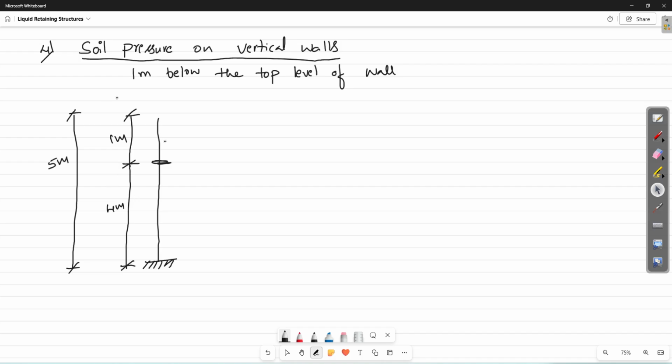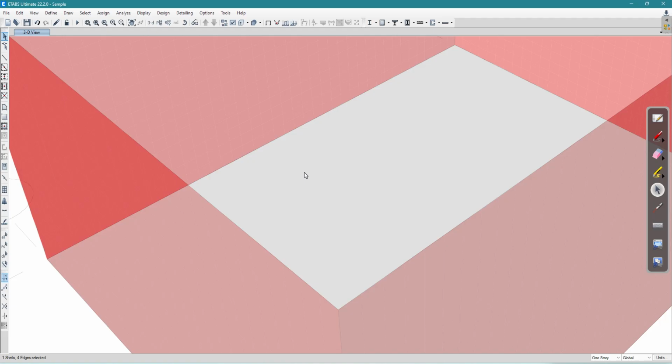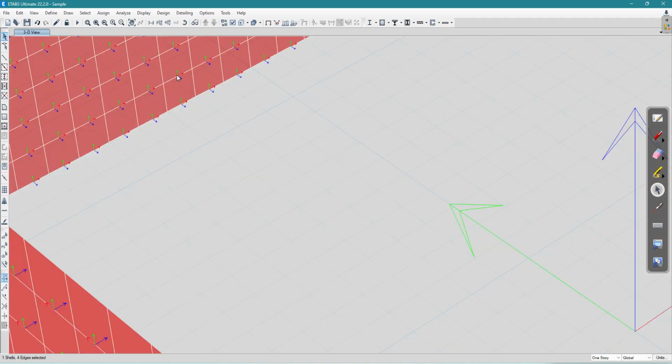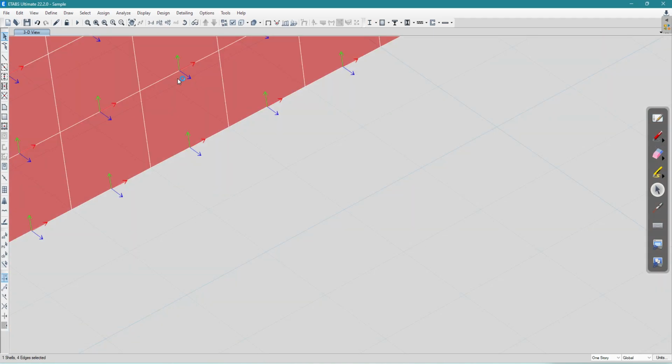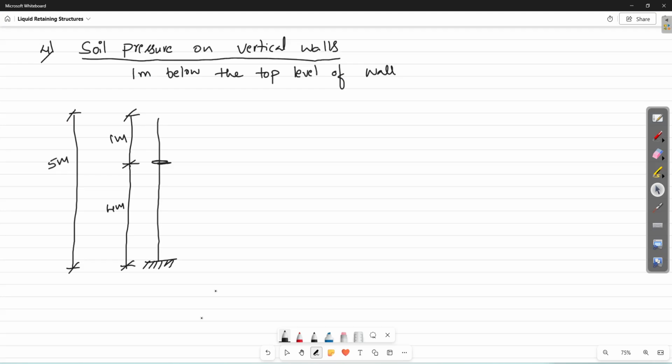So your local axis 3. So it is acting inwards. So it is inside the tank. So this is your local axis 3. This is towards inside.